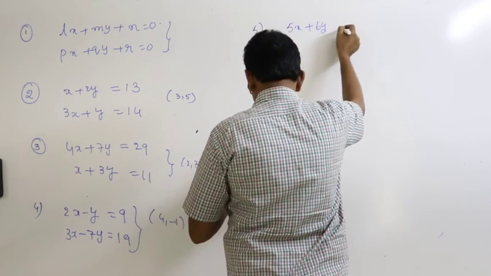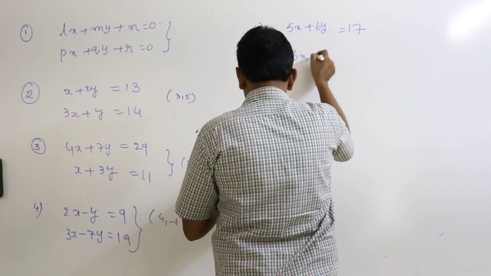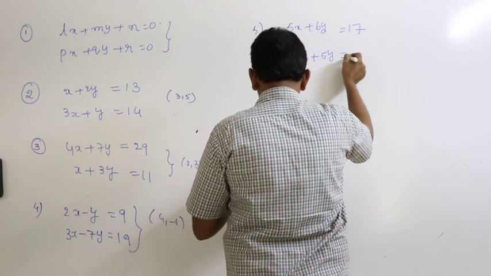Five x plus 6y is equal to 17. 6x plus 5y is equal to 16.